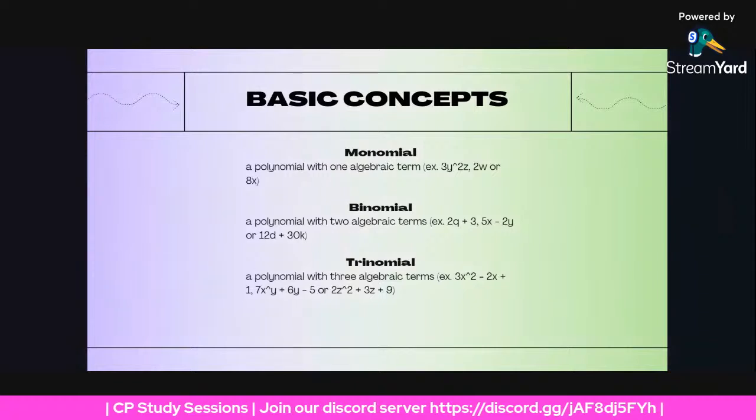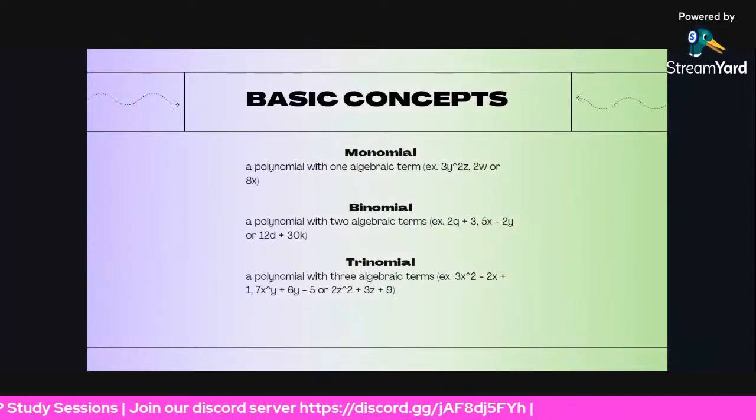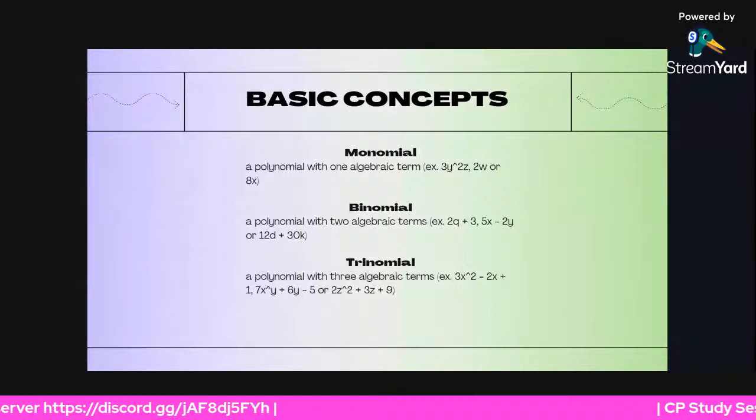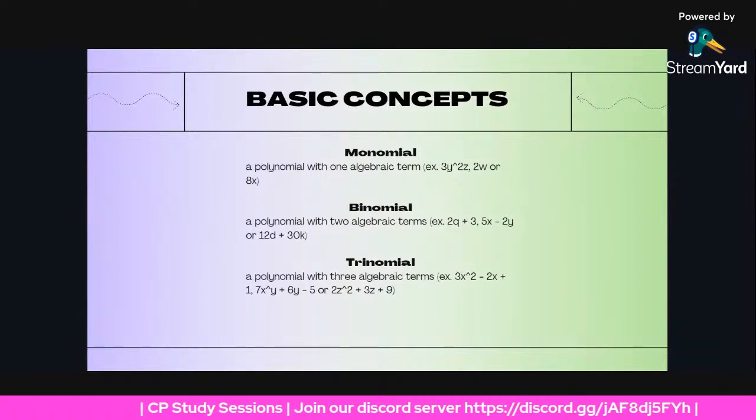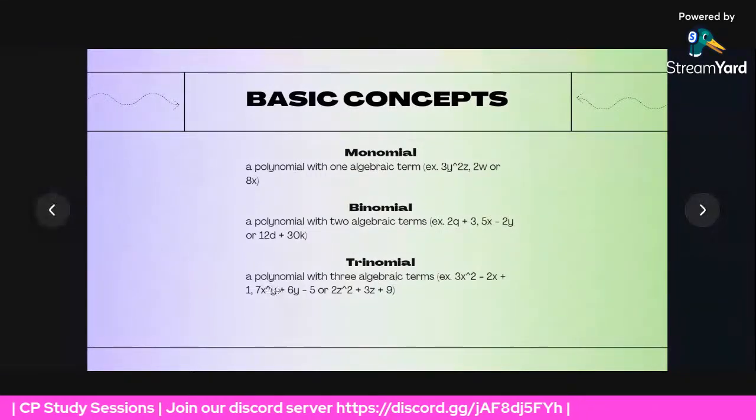The next is trinomial. It is a polynomial with three algebraic terms. Example is 3x squared minus 2x plus 1, 7x, sorry, may typographical error ulit.